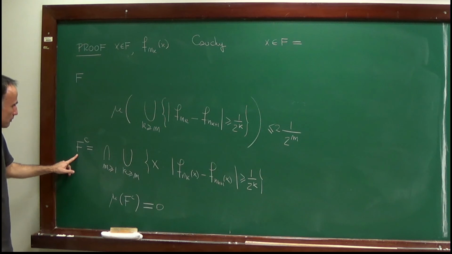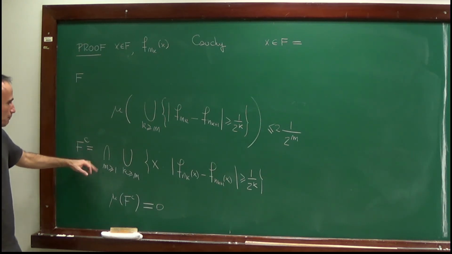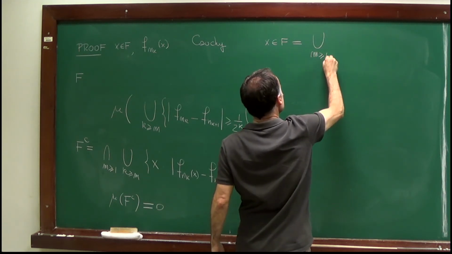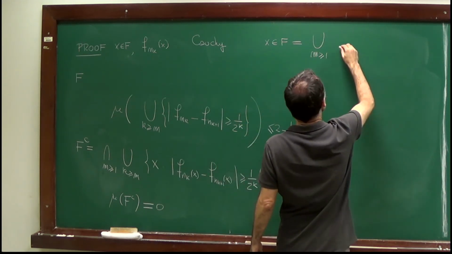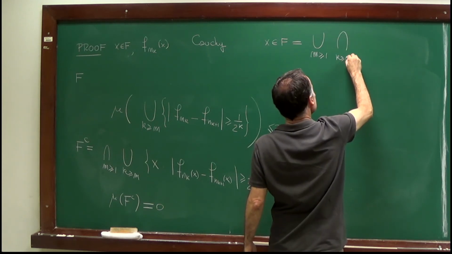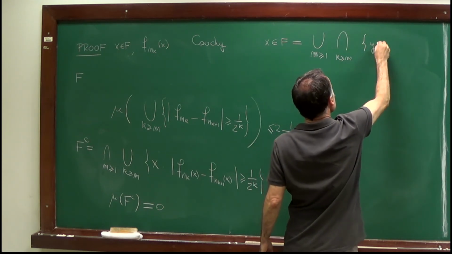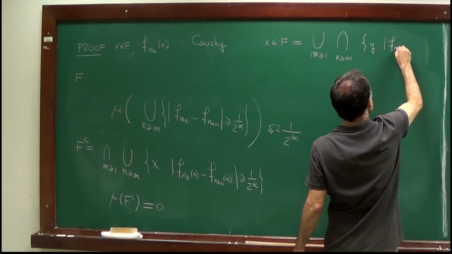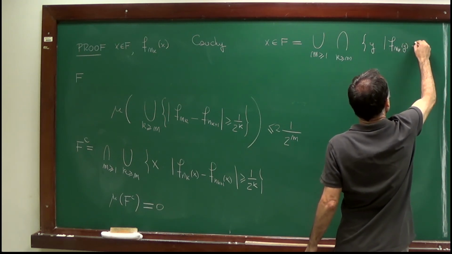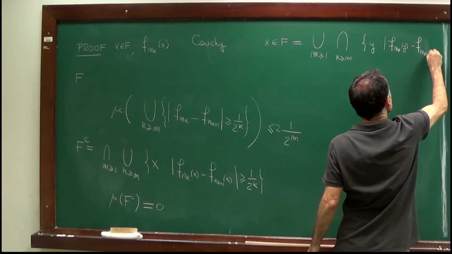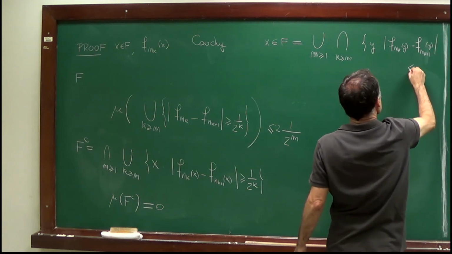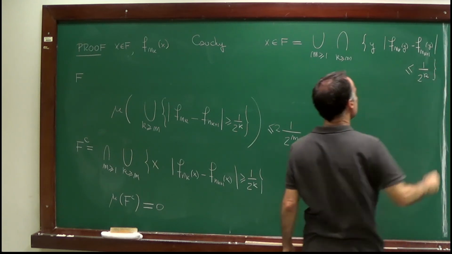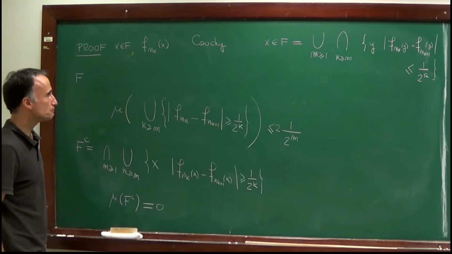We have here F complement, so let's take the complement of this set. This is the union of the intersection of all points y such that f_{n_k}(y) minus f_{n_{k+1}}(y) is bounded by 1 over 2^k. Okay? So this is the set F.